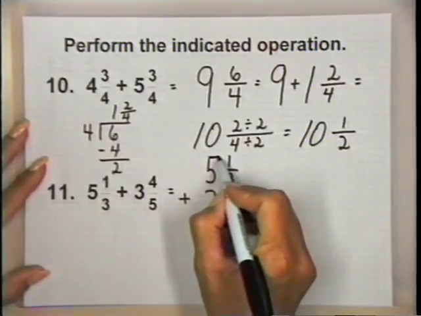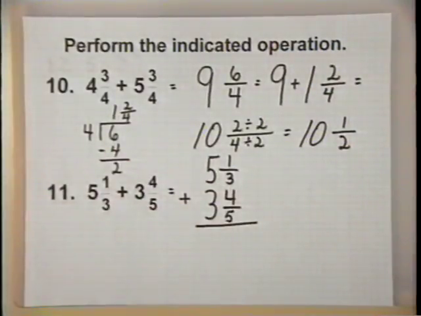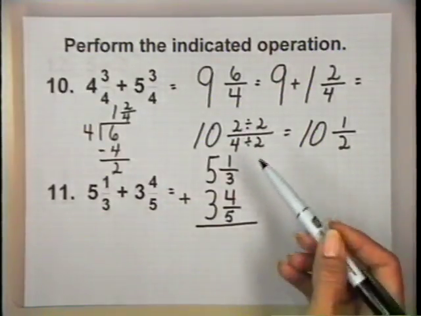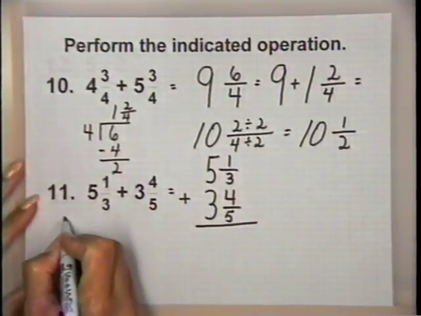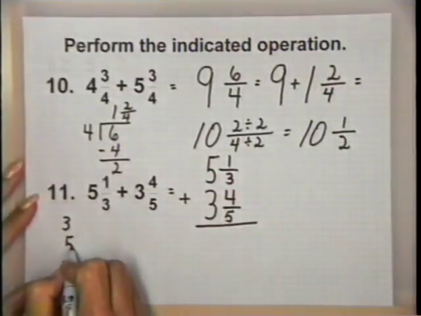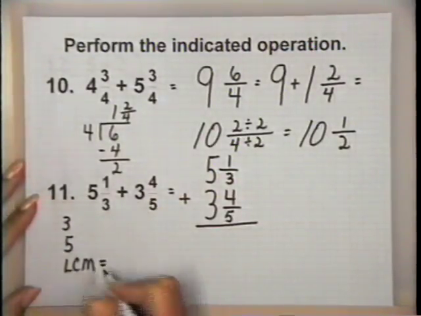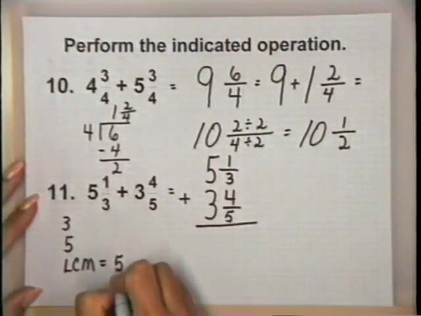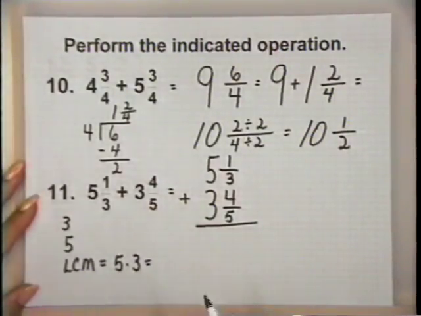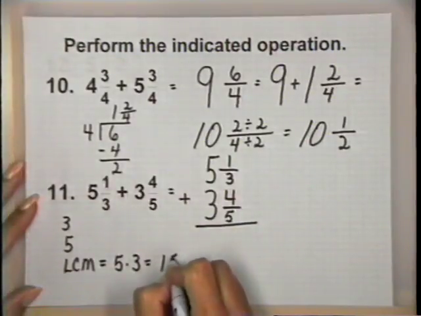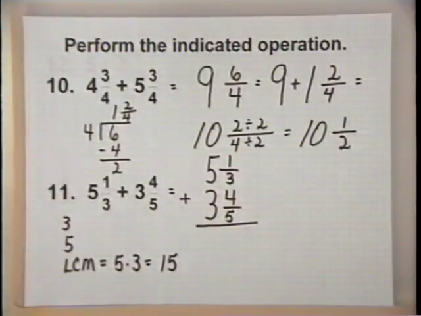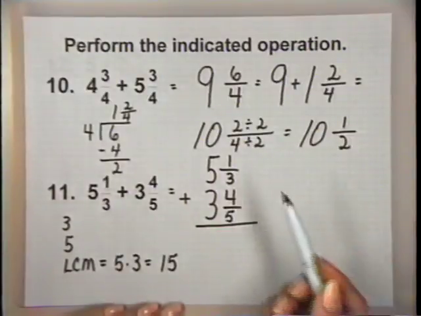We'd like to add our fractions to our fractions, but since they don't have the same denominator, we know we're going to have to find the common denominator, which will equal the least common multiple. So let's see, the 3 is a prime factor, the 5 is a prime factor. Anytime that our denominators are prime factors, then the LCM is equal to the product of those prime factors. So our LCM in this case is 15.